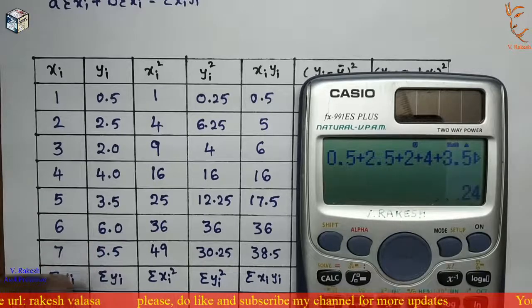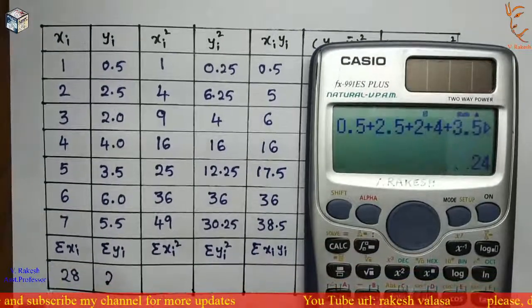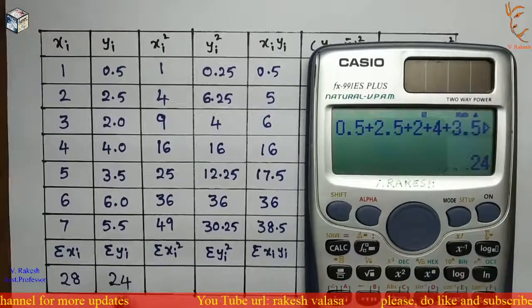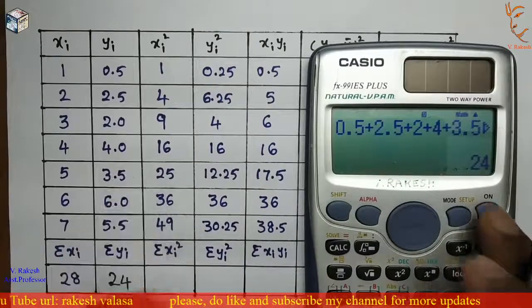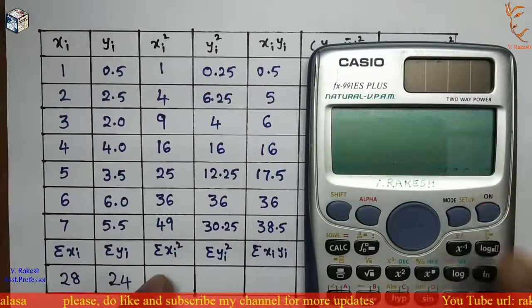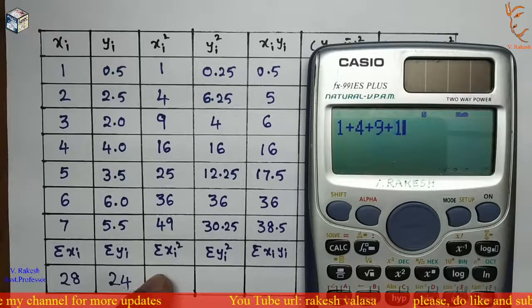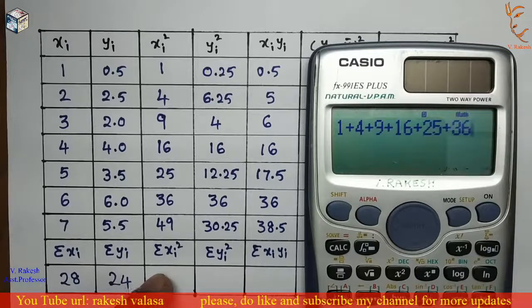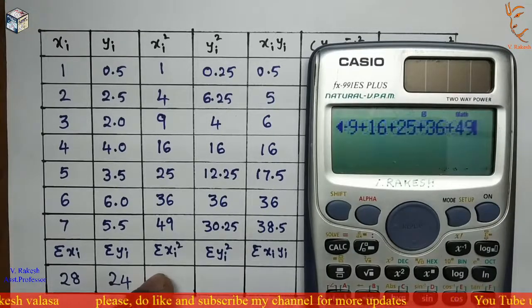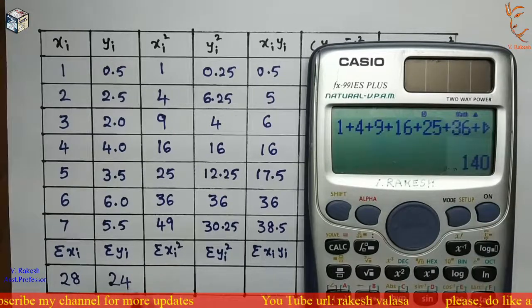The answer is 24. Next column is summation xi square, that is 1 plus 4 plus 9 plus 16 plus 25 plus 36 plus 49, that equals 140.